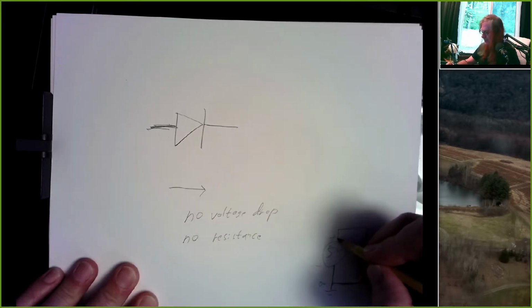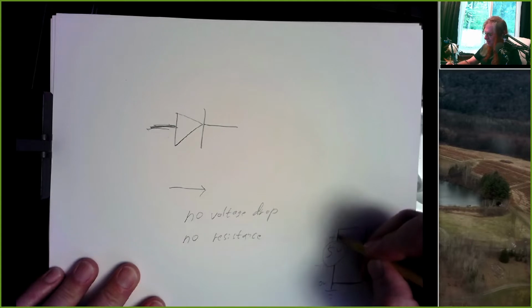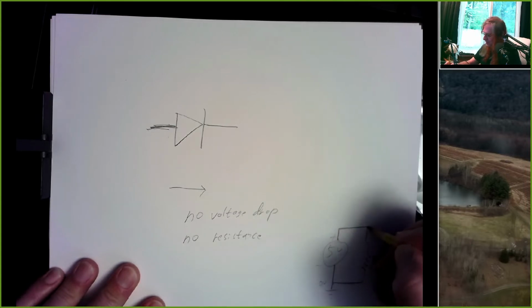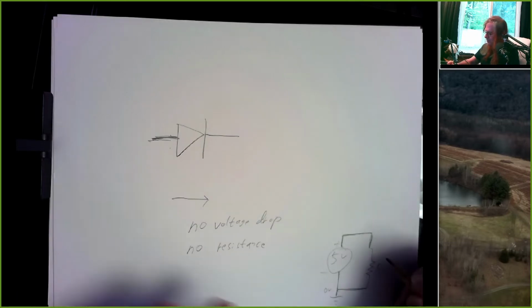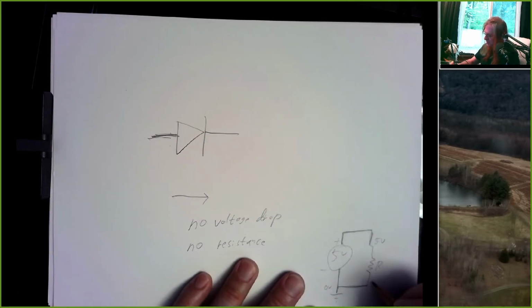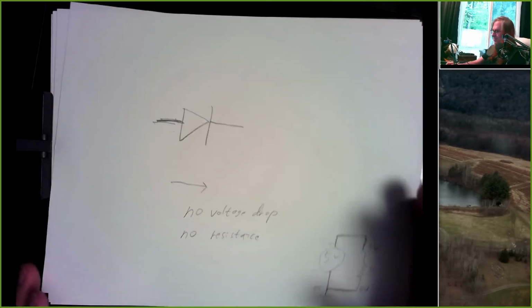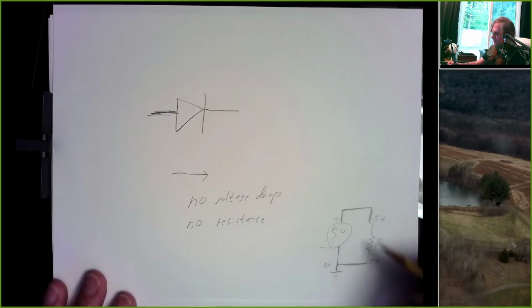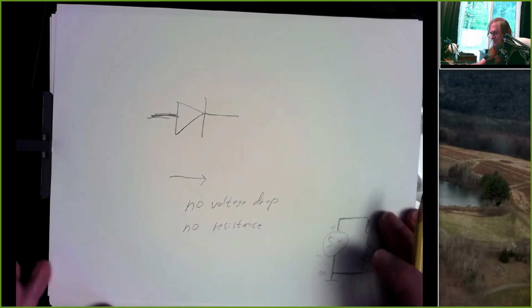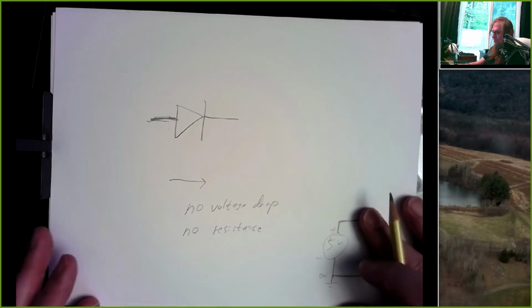And if this is 5 volts coming out of the top of the battery, everything along here is 5 volts. Wires don't change voltage. Which means we've got 5 volts here and we've got 0 volts here. And how is that possible? Because resistors cause voltage to drop. That's what resistors do.